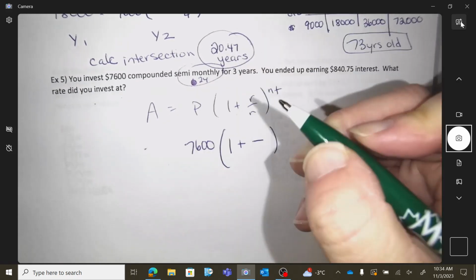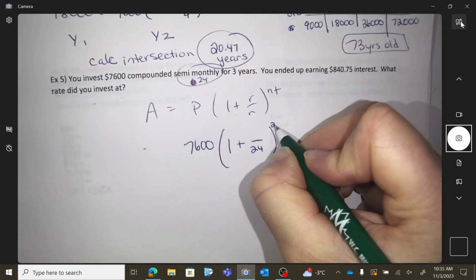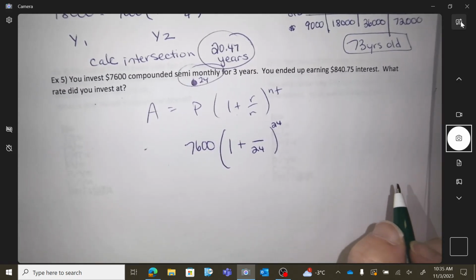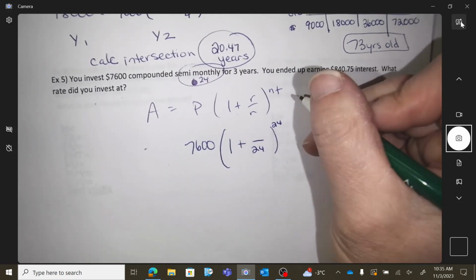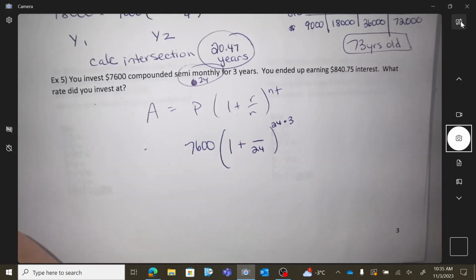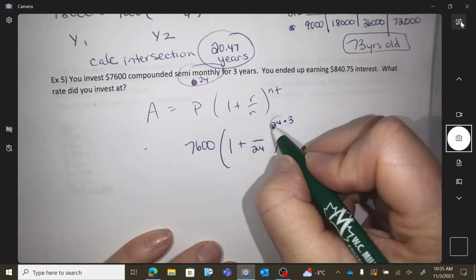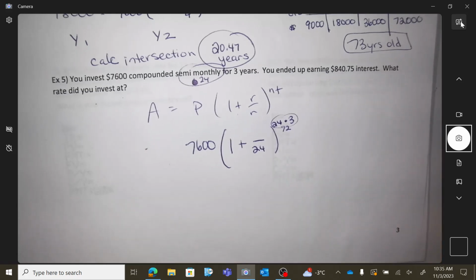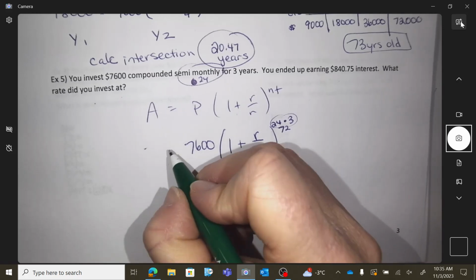So 24 goes in place of my N. I did it 24 times every year, for 3 years. So I'm just going to write this as a 72 exponent. I'm going to leave R, because that's the thing we're trying to figure out.